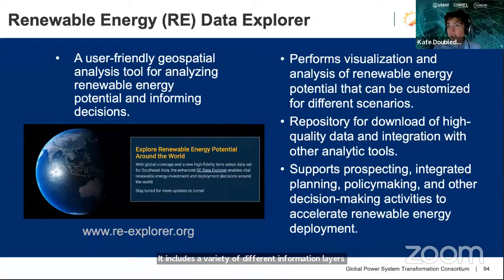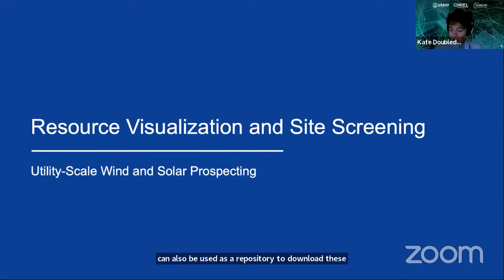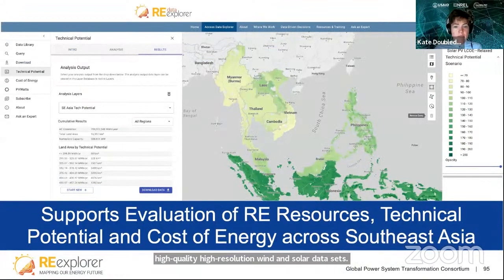And it can also be used as a repository to download these high quality, high resolution wind and solar data sets. We specifically want to call out the availability of wind and solar resource data in the Southeast Asia area, including this new wind data set that is just becoming available.